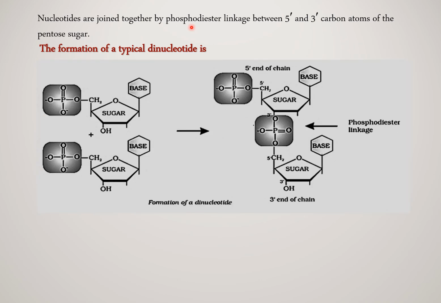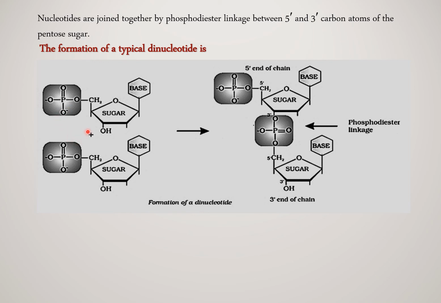So if you want to understand the formation of a dinucleotide, this is one nucleotide, sugar. The base is present at 1' position and at the 5' position of the sugar, the phosphoric acid group in the form of phosphate is present.